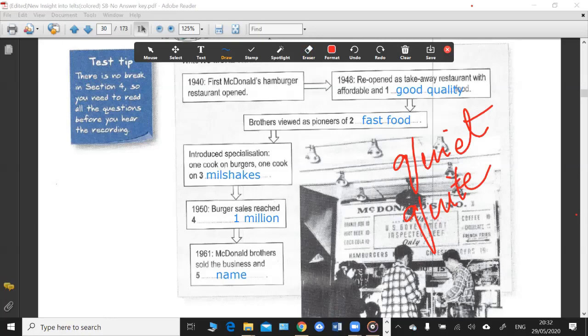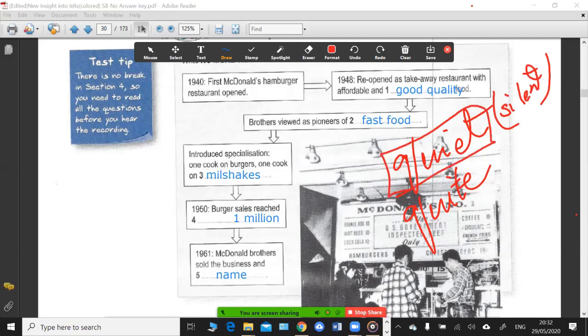I think one is like quiet, two is like silent. I think the second one. It's just a guess. No, it's the first one. Okay. For example, I say, please be quiet. This means stop talking.